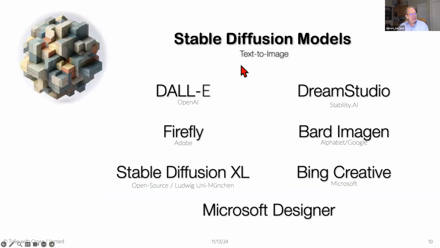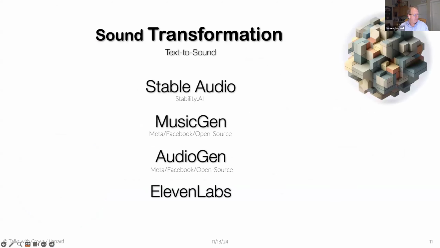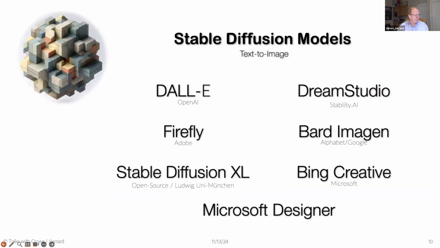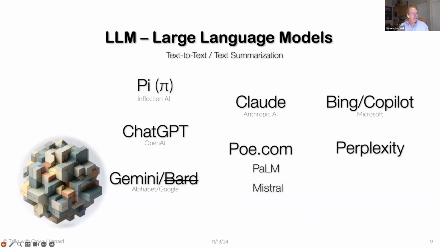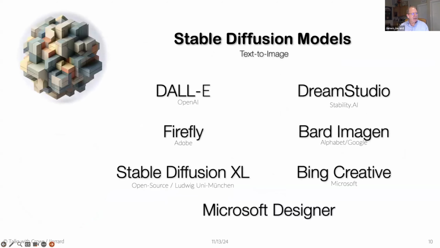The different text to image, well, these that I looked at before, let's see if I go back. No, it won't go back. Yes, it will go back. These are text to text generation. These are text to image.